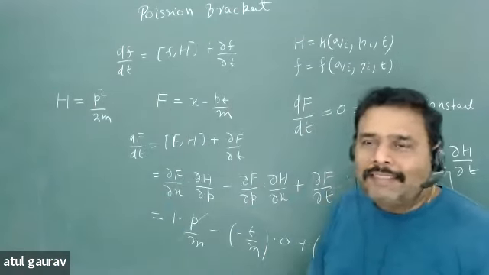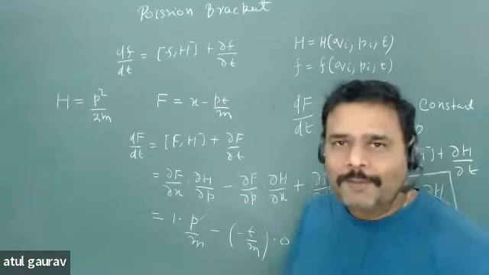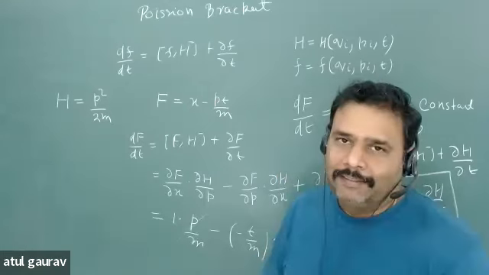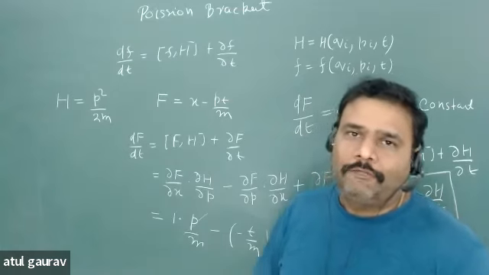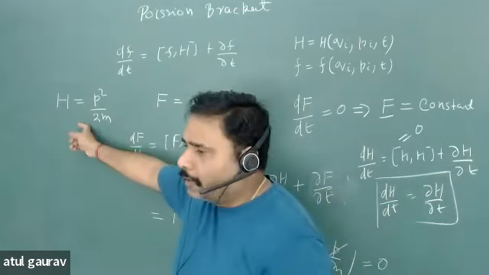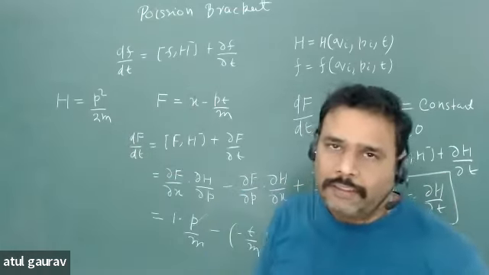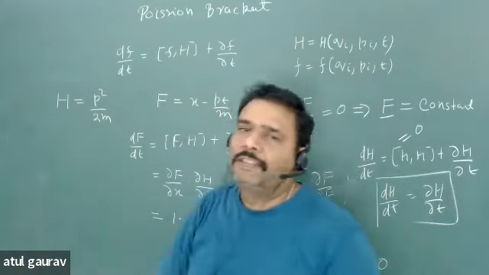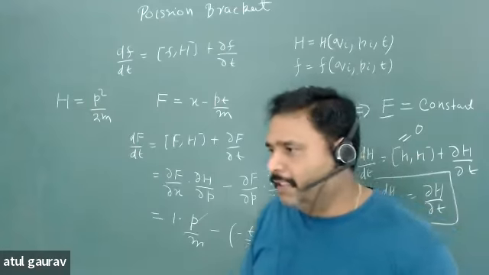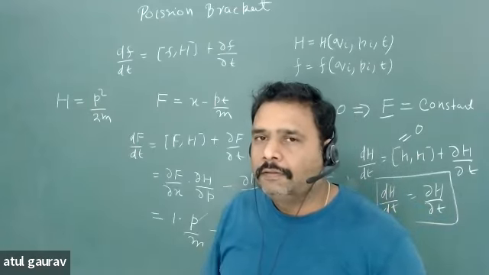And you will be surprised. Yes, it is really a constant of motion, or it is really constant for this particular free particle. If I am talking about a free particle, mathematically I am talking about this particular Hamiltonian of a system. So if you know the Hamiltonian of a system, you can easily calculate all other things.